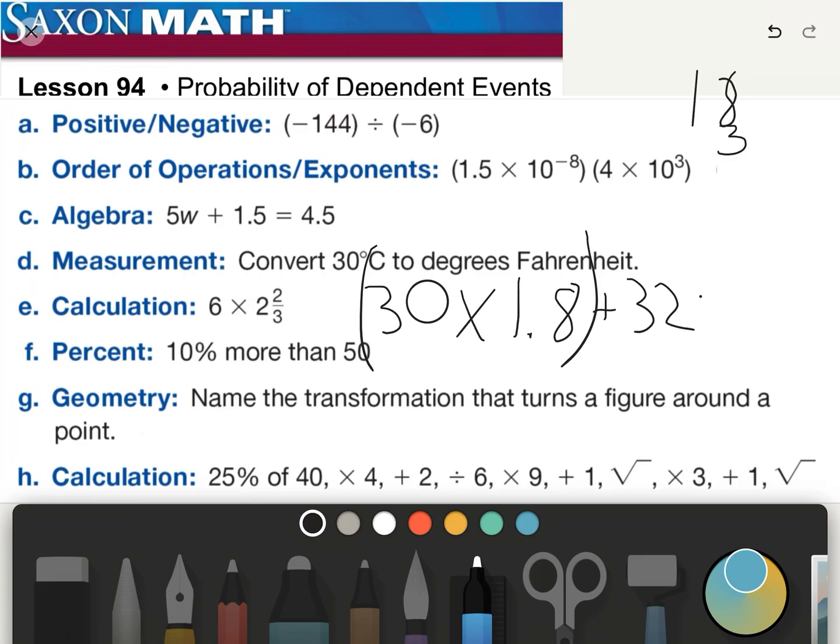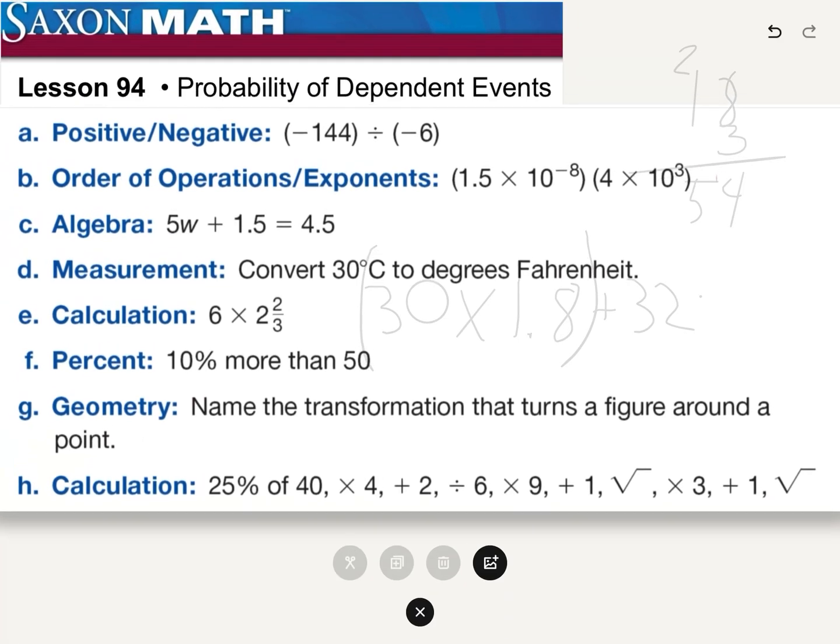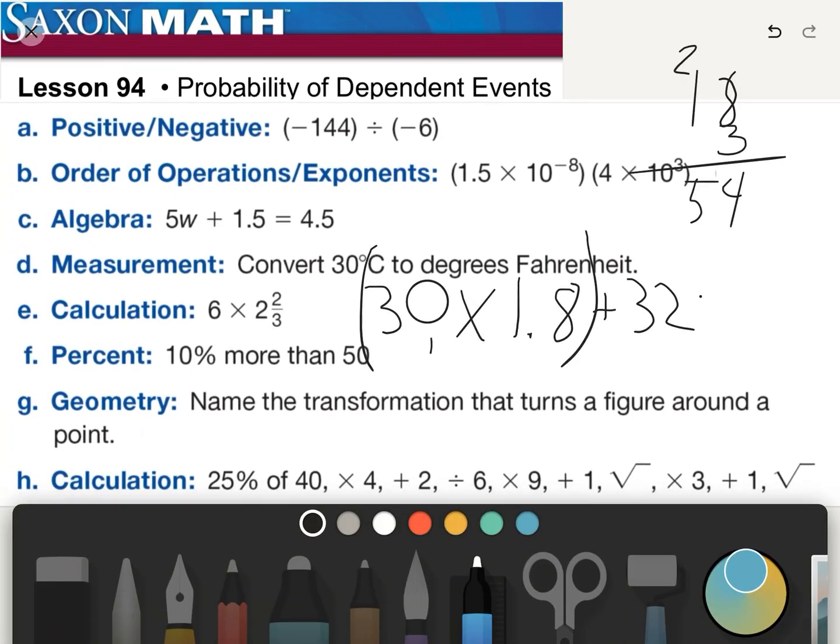And really, I could do this as 3 times 18, dividing the 3 by 10 and multiplying the 1 8/10 by 10. That gets me 54 for this part, plus 32.